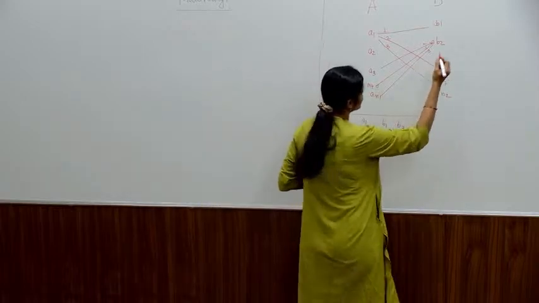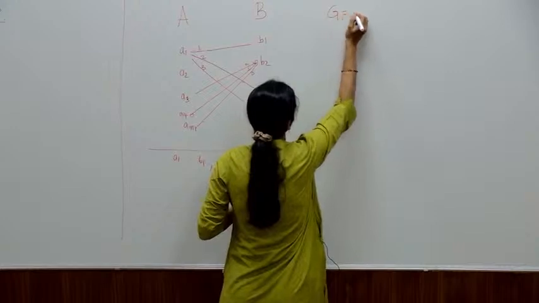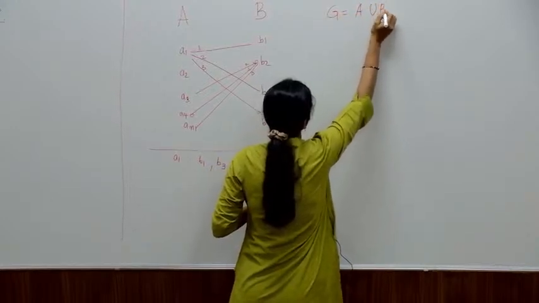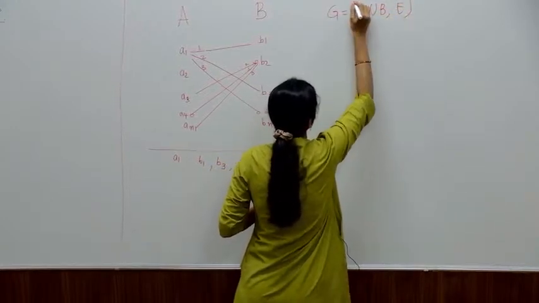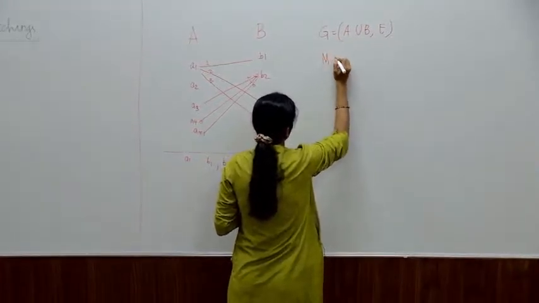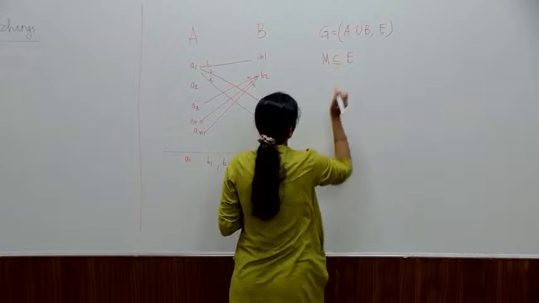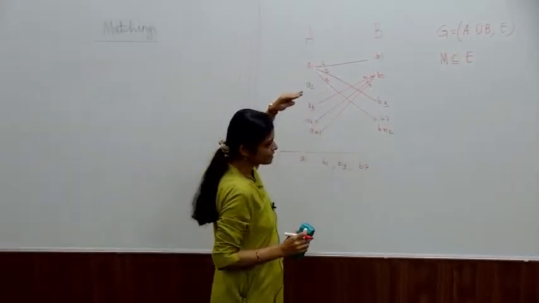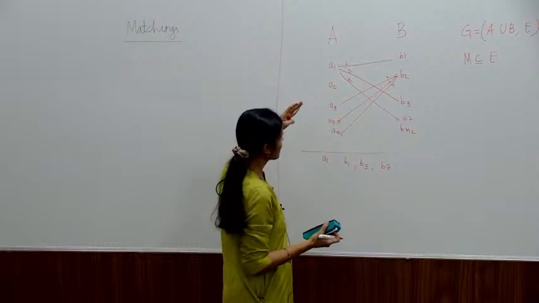And what is our goal? So we are given this graph G, which is (A union B, E). Our goal is to compute an assignment M, which is a subset of E, and we'll call it a matching. And I said we will restrict our problem.